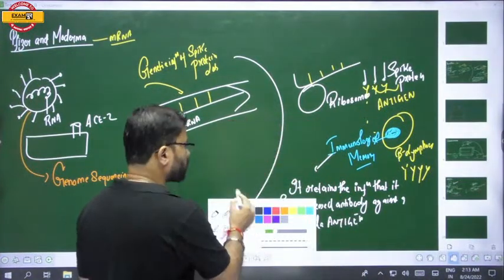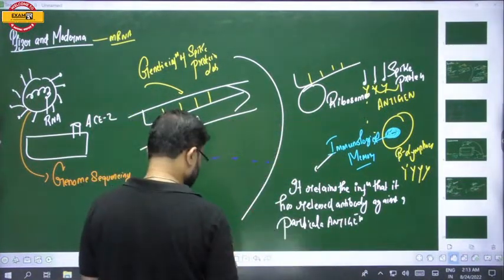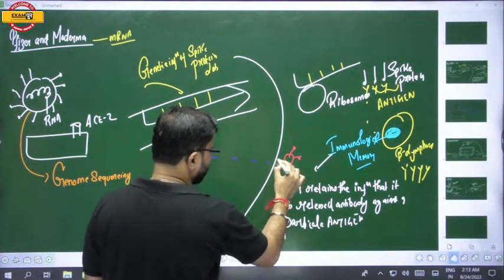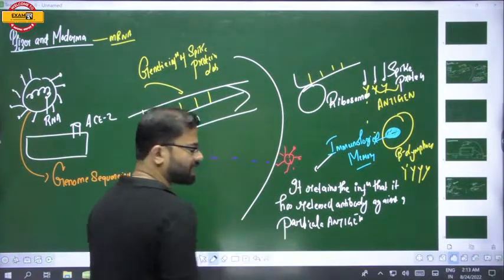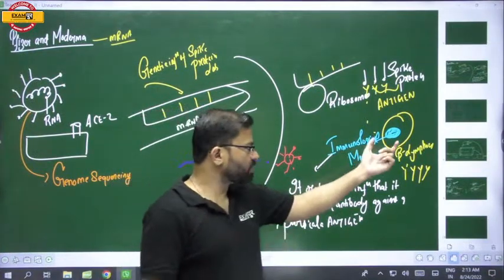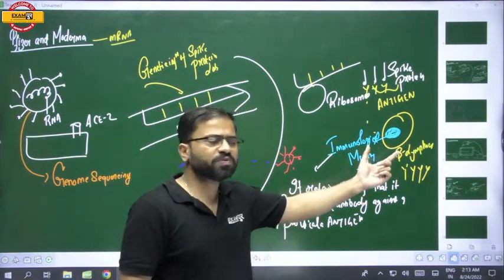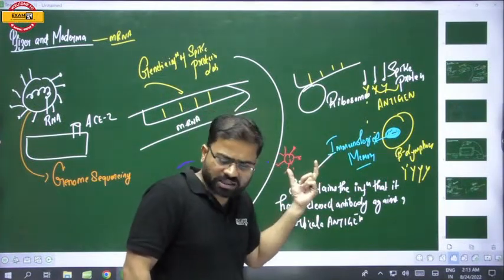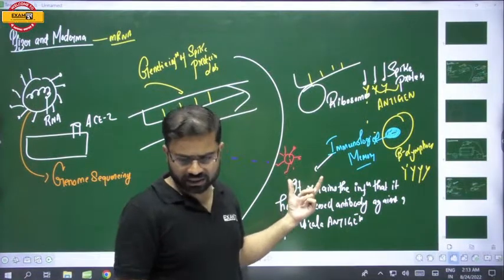So now what happens? Suppose this is the original coronavirus. When it enters into your body, penetrates into your body, the B lymphocytic cell tries to remember from the immunological memory whether this virus is a new virus or I have released certain antibody against it.